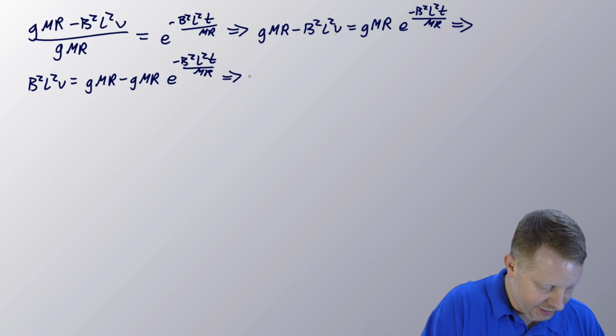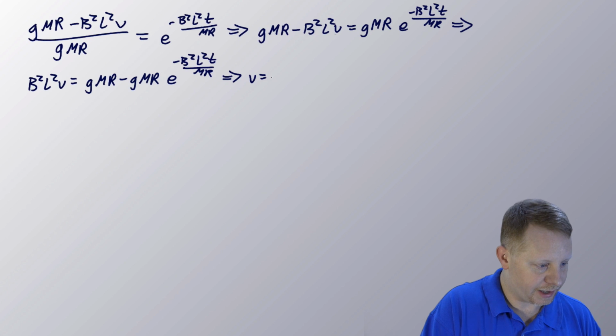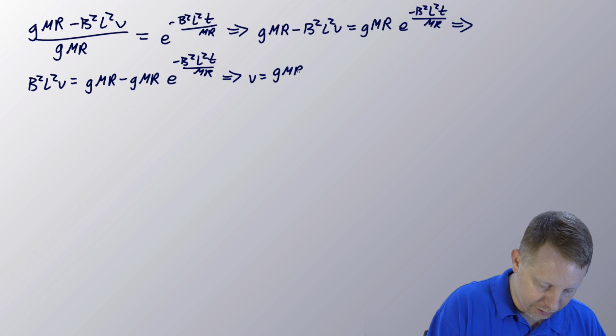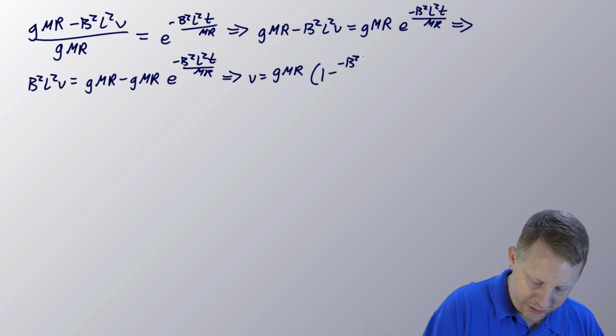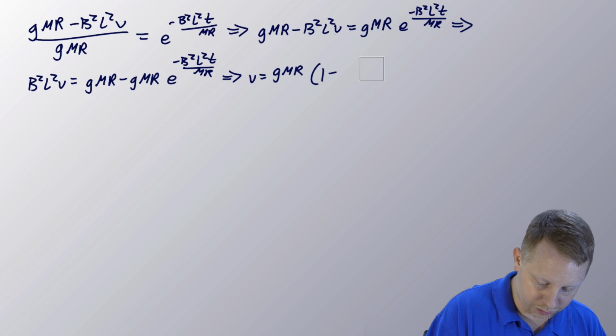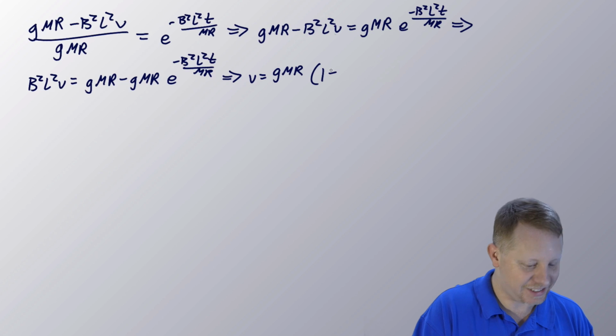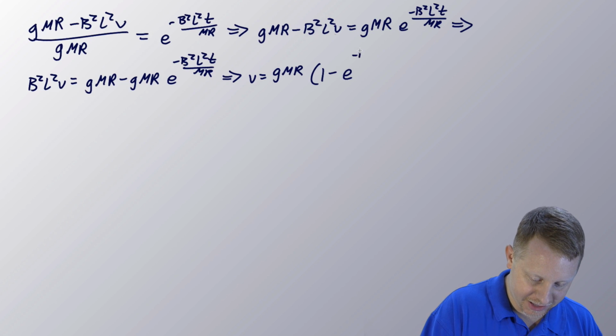Just write that V equals, well, we've got G capital M capital R times the quantity 1 minus, oh, excuse me, I forgot an important part there, 1 minus e raised to the negative B squared L squared T over capital MR.